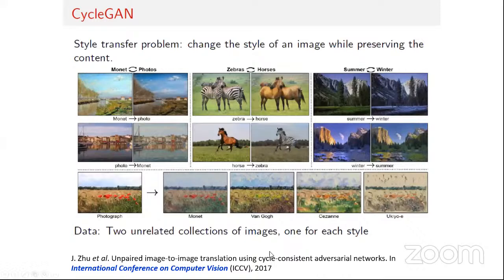Now, if a photograph is given as input to Cycle GAN, it can transfer the brush stroke styles of these famous artists into the photograph. It can convert a Monet painting into a photo and vice versa. It can convert a zebra into a horse. It can convert a summer landscape into a winter landscape.